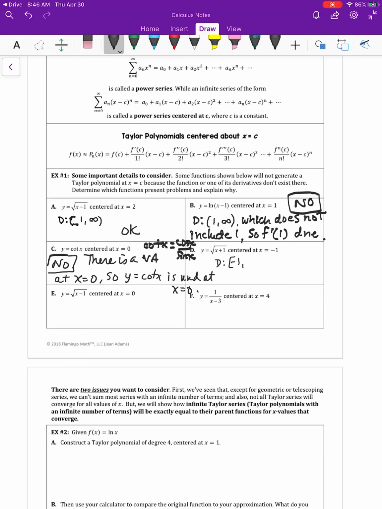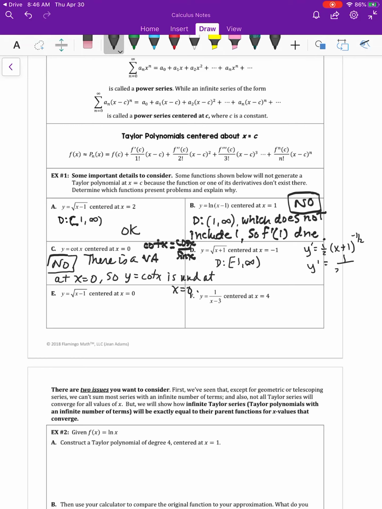All right, D, y equals the square root of x plus 1 would have a domain from -1 to infinity. -1 is in the domain, but is the function differentiable at -1? If we took the derivative, you would see that it is not differentiable at -1. Okay, it is not differentiable at that endpoint.